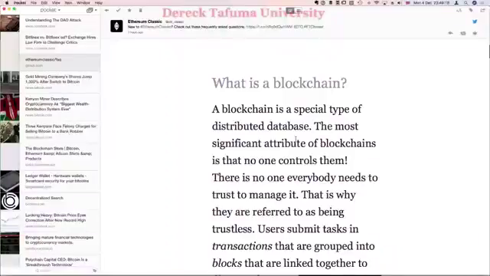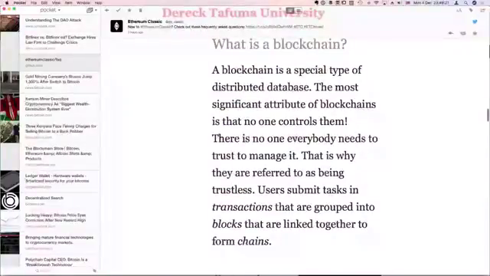Okay, so there is no one everybody needs to trust to manage it. That is why they are referred to as being trustless. Users submit tasks in transactions that are grouped into blocks that are linked together to form chains. So the name blockchain is because users of the blockchain network submit transactions.